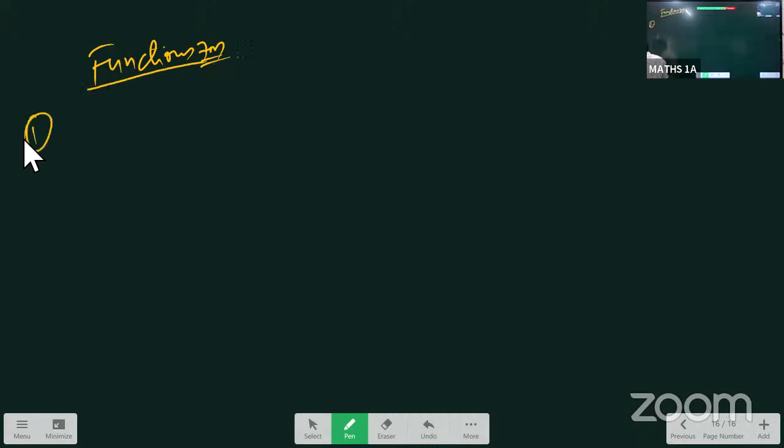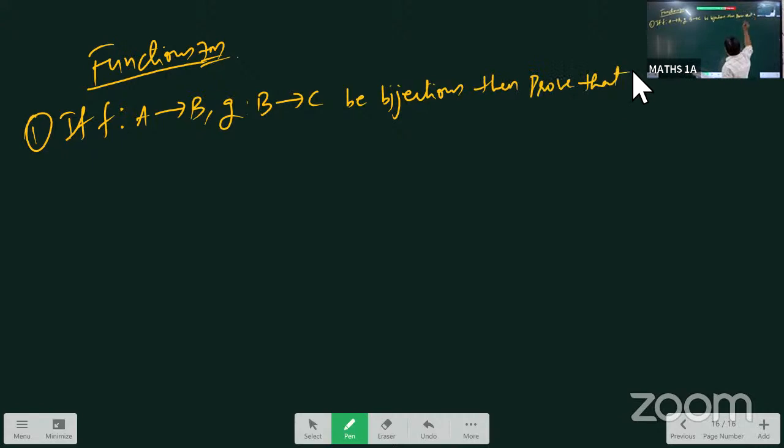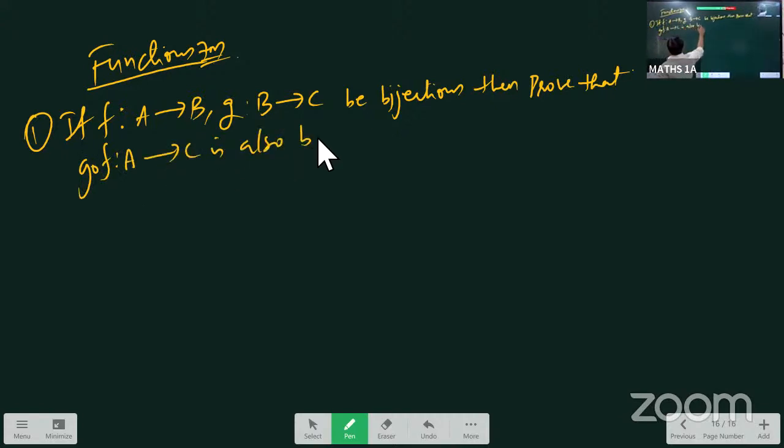Now what it states, theorem 1 statement: if F is mapping from A to B, G is mapping from B to C, both bijections, then prove that G circle F, mapping from A to C, is also a bijection. Okay, right. See the proof.